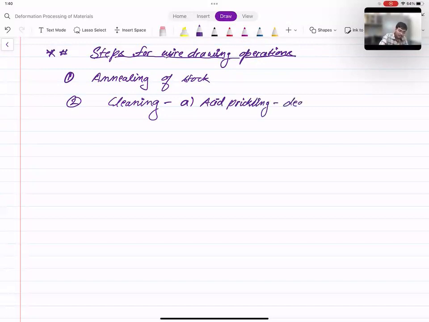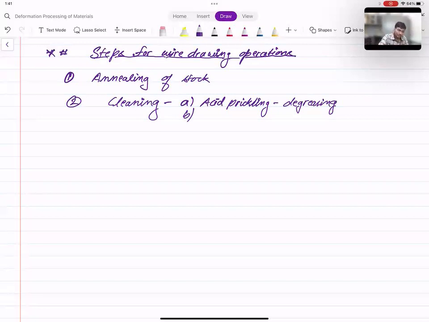Here degreasing can be done, which dissolves the grease or other foreign materials, if any. Then tinning or coppering can be done. Here some coating of tin, copper, or any other ferrous coating is done by an electrolysis process. During the wire drawing process, it will act as a lubricant film.